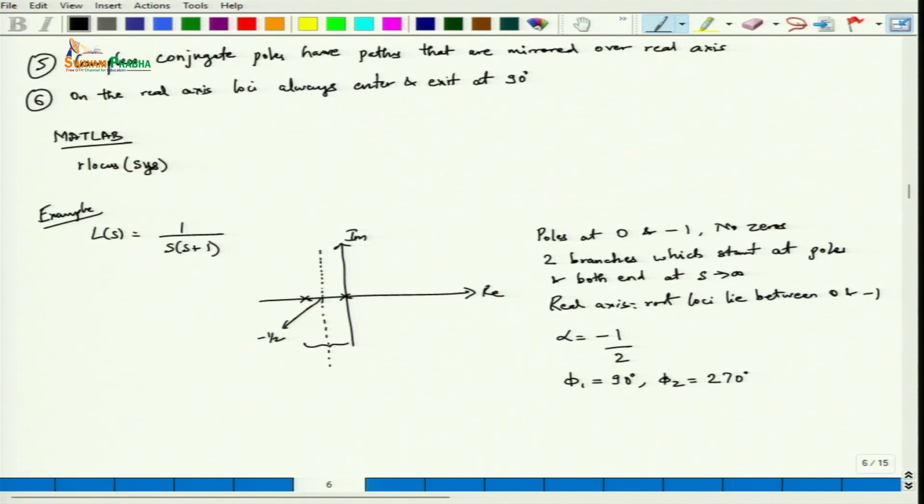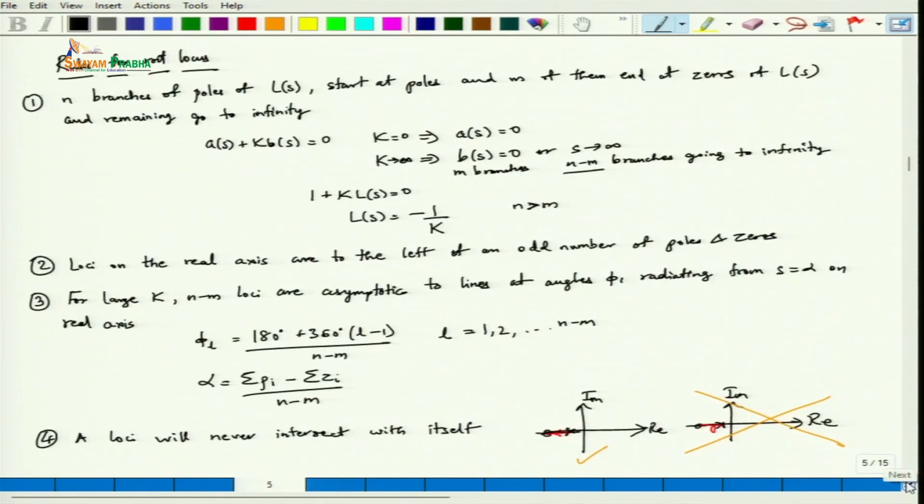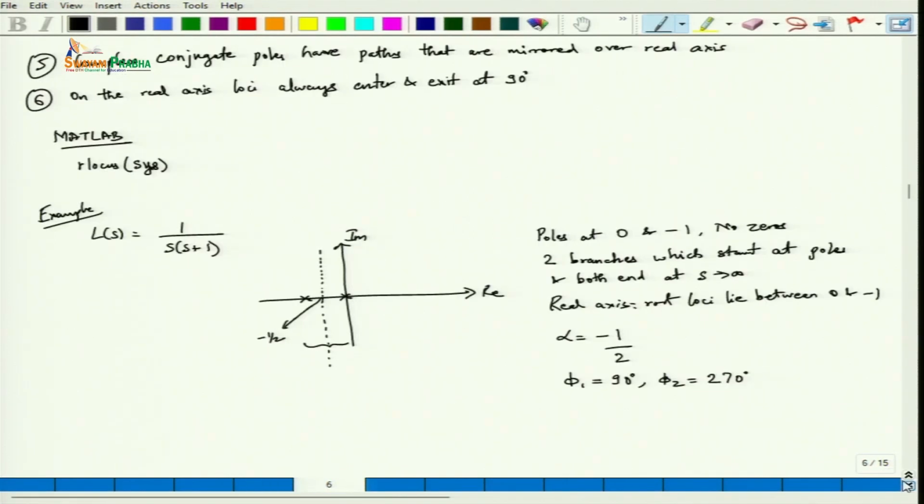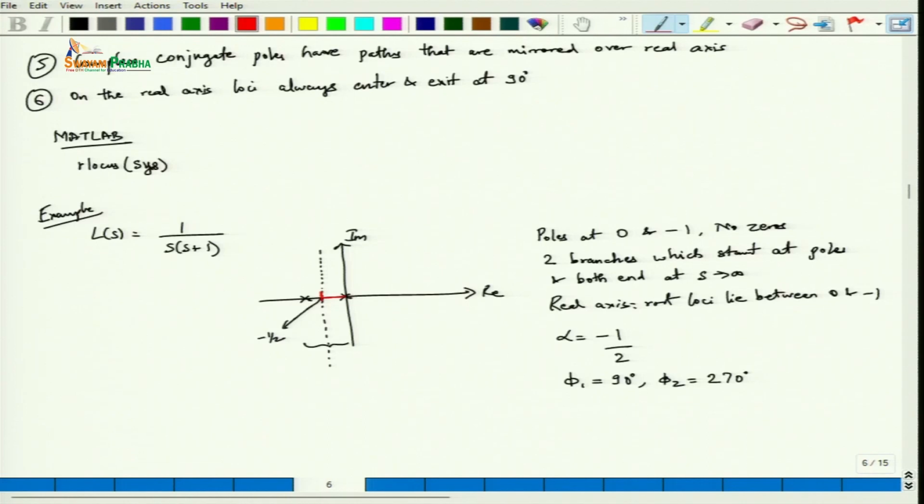So we have applied these rules. Now based on this we will plot the root loci. Let us say first it starts from here and then proceeds. The other one starts from here and proceeds this way. The angle where it leaves the real axis, as we have seen, is according to the rule 90 degrees.